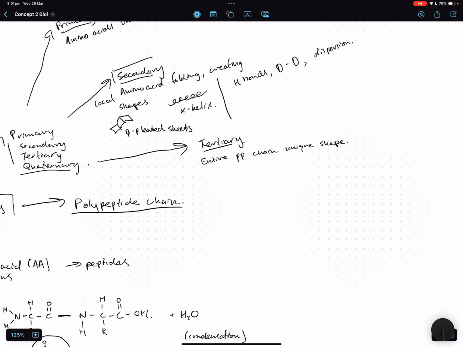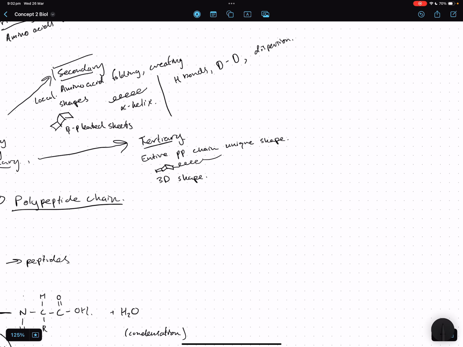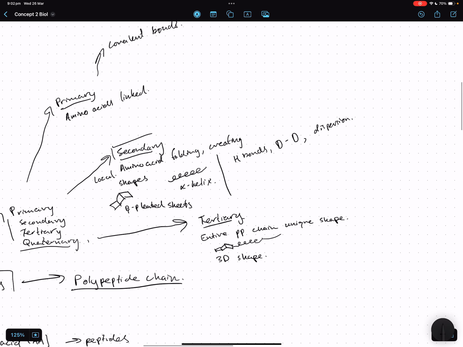There could be one bit that's like a beta pleated sheet, and then the next part's like a helix, and the next part's like a line or something like that. And all those foldings create a tertiary, a 3D shape, right?